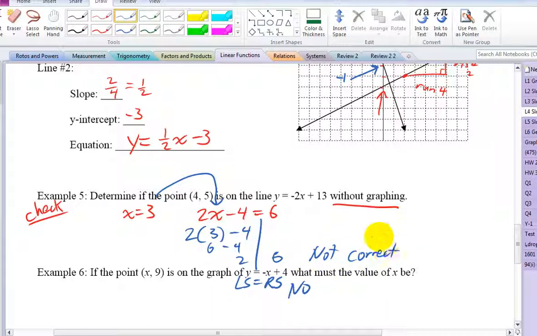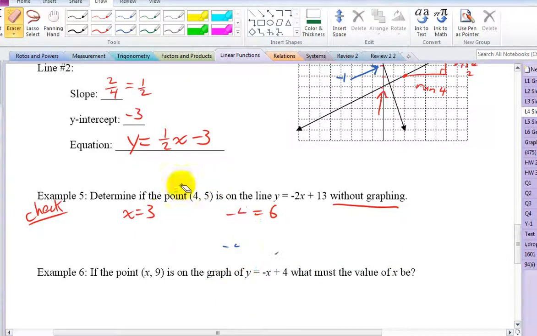So we're going to do the exact same thing, except we have two values to check. We don't just have an x, but we have a y as well. So we have to check that x equals 4 and y equals 5. That's the point. Okay, so write that down. So we're going to put that into our equations.